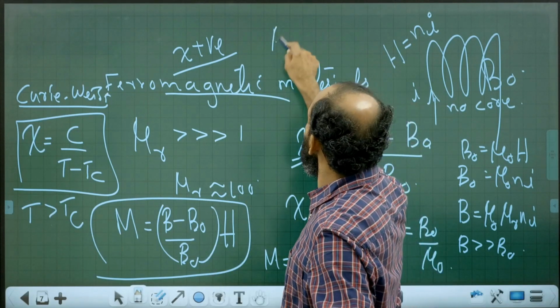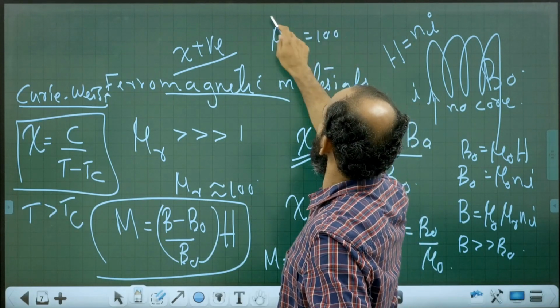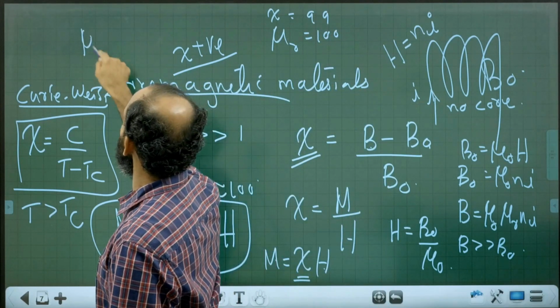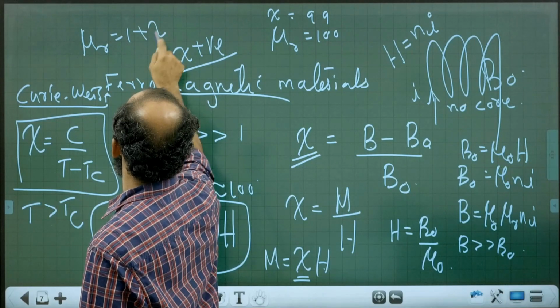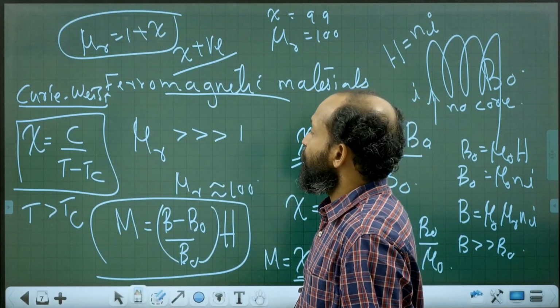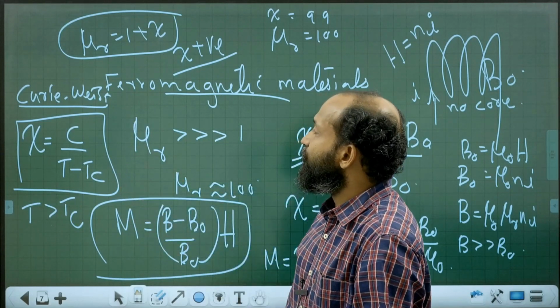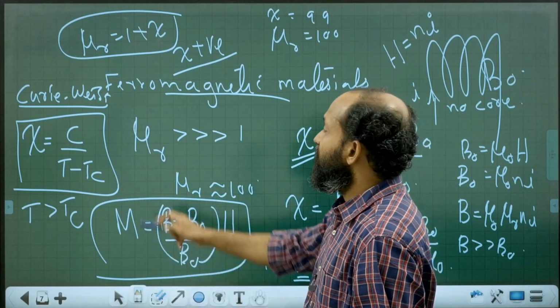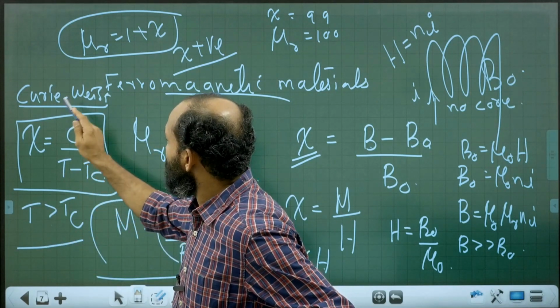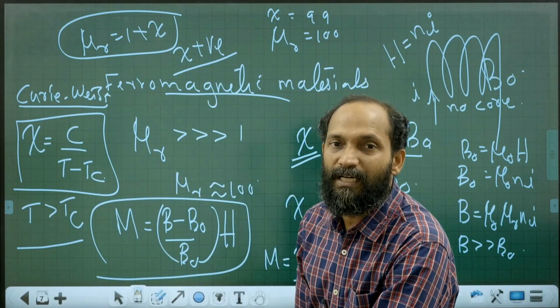Relative permeability is equal to 100. Then susceptibility equal to 99. The relationship is mu r is equal to 1 plus chi. This formula is also to be revised well. So chi equal to C by T minus Tc is only applicable when T is greater than Tc. When T is greater than Tc, that material goes to the paramagnetic state.